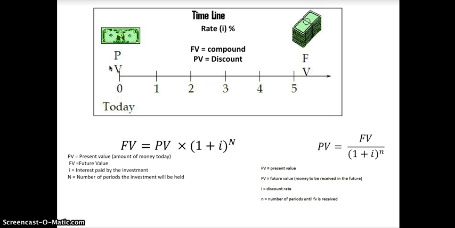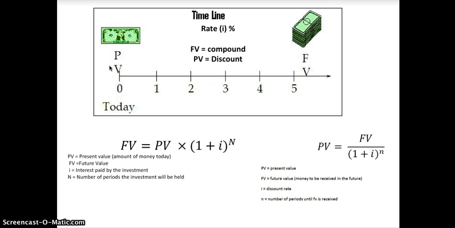Well, before you just give the person that money, you have to figure out, let me time travel into the future. What is the dollar amount the person's promising me? And let me use the rate of interest they're telling me to discount backward into the present to see what that investment should be worth today in the present, so I know if I'm making the right investment or not.